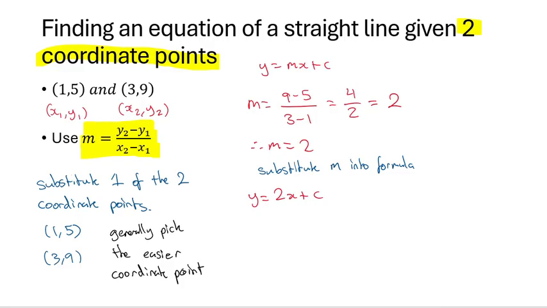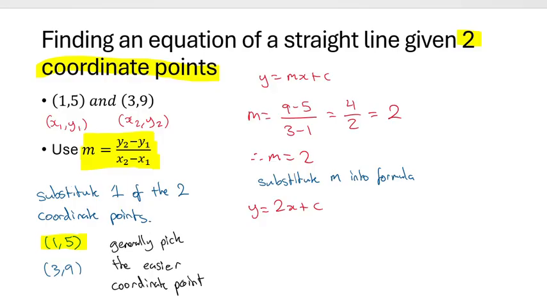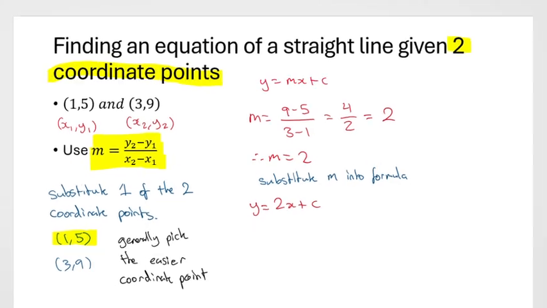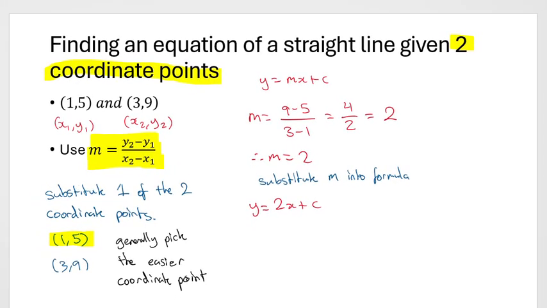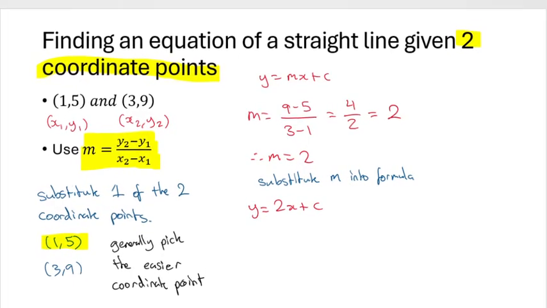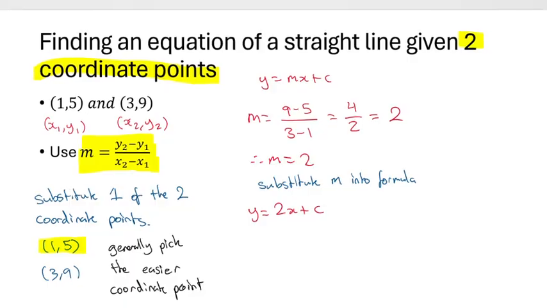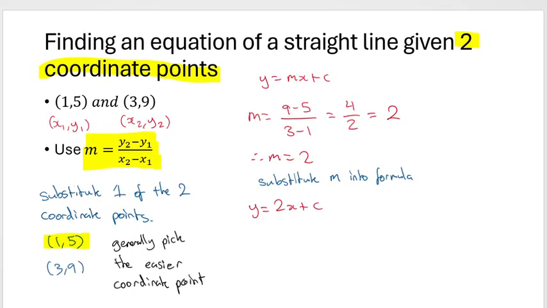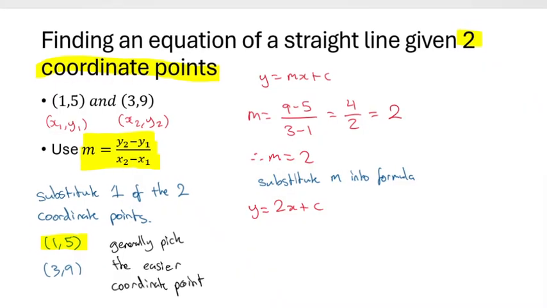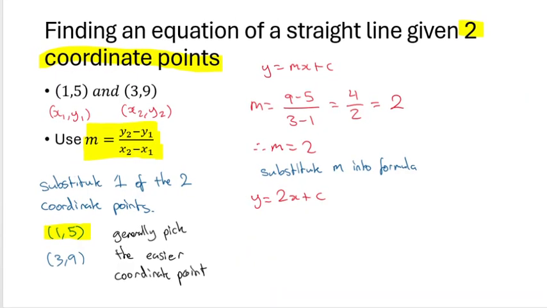Now, since I've just told you to pick the easier one, I am now going to substitute 1 and 5. So I'm now going to substitute in 1 and 5. I'll just get rid of notes.